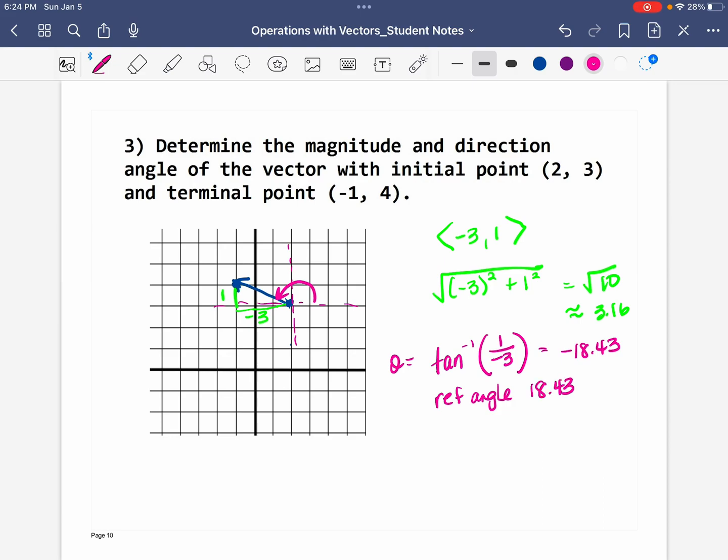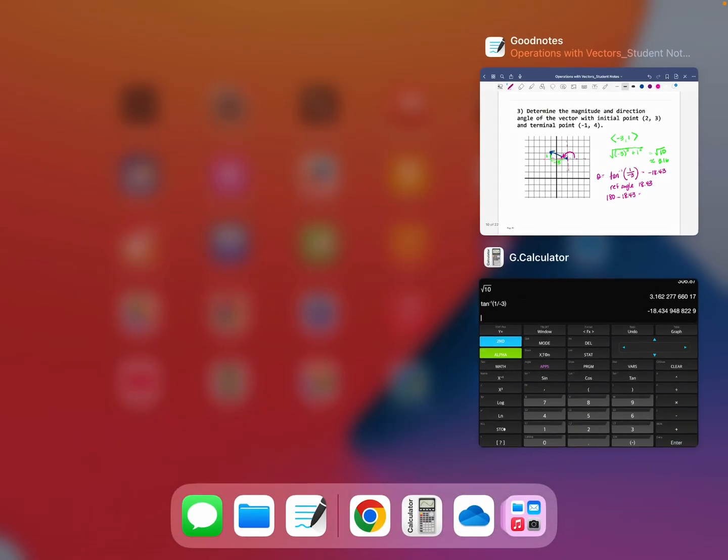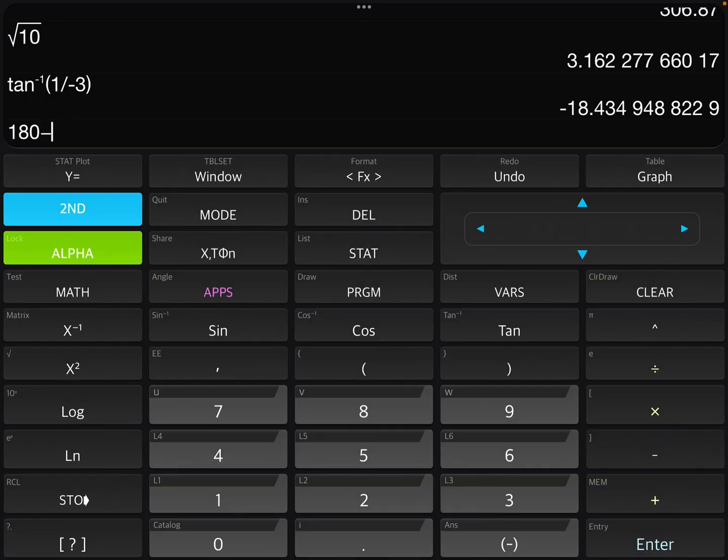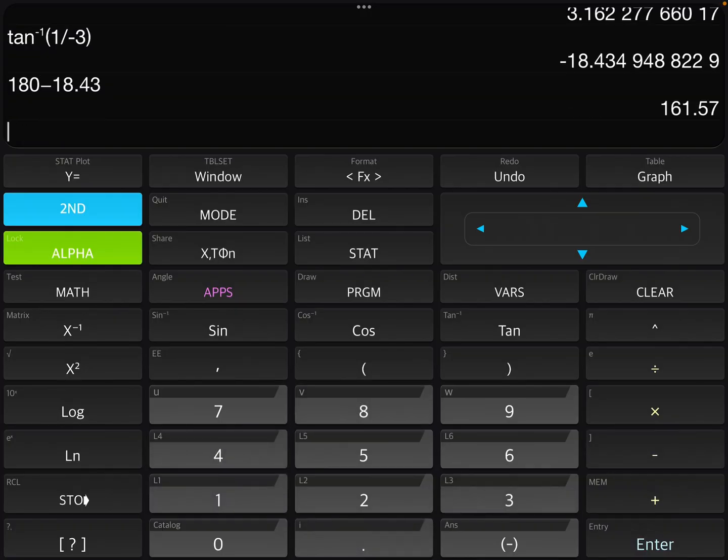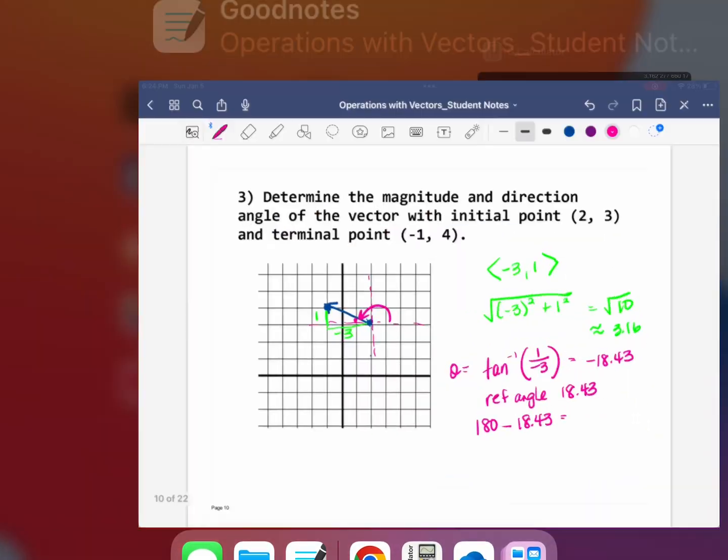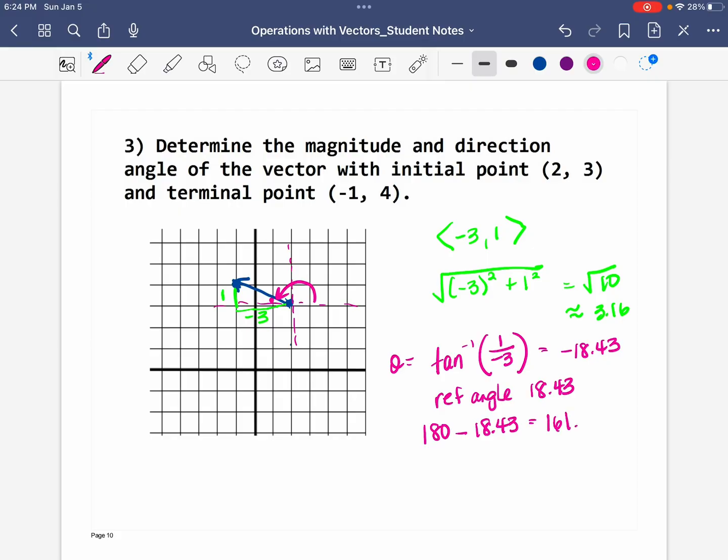And in order to get my actual angle or my direction, I'm going to do 180 minus the reference angle, because 18.43 is this angle in here in the reference triangle. 161.57. All right, so that's my direction, and square root of 10 or 3.16 is the magnitude.